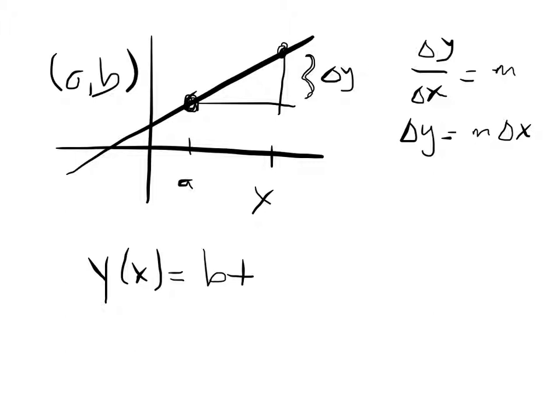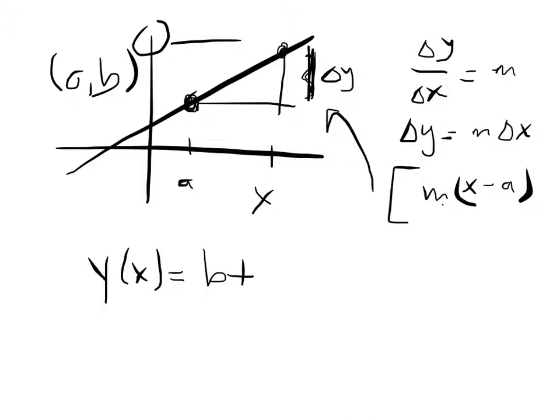And in this case, our delta x is x minus a, and our m is m. So that's indeed the number that I'm going to add to b to get to my y-coordinate at x. So I add m times x minus a.